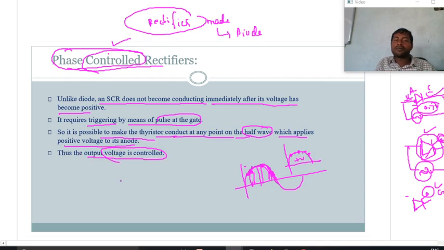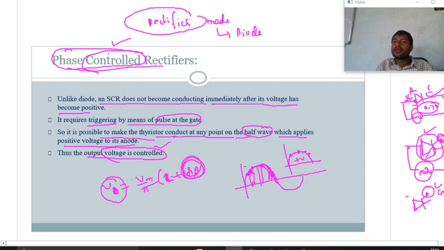You know that the output of a full wave rectifier is 2Vm by pi, the average value, but for the phase control rectifier the output is Vm by pi into 1 plus cos alpha. So based on the angle alpha, the output voltage will be controlled. This is the final point.